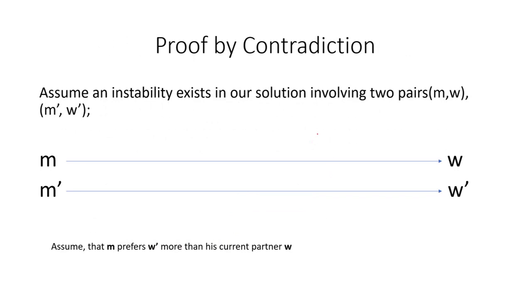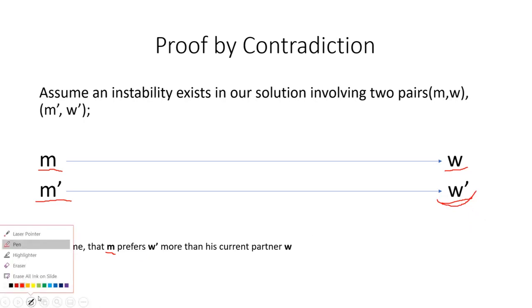But in order to prove that this algorithm is correct, we need to consider the next situation. Let's say that we have these pairs. So this man is engaged with this woman, and this man is engaged with this woman. And let's say that M prefers this woman more than his current partner, which is this woman.